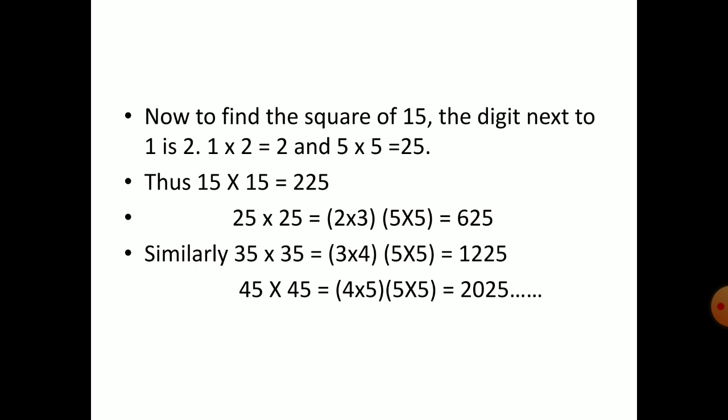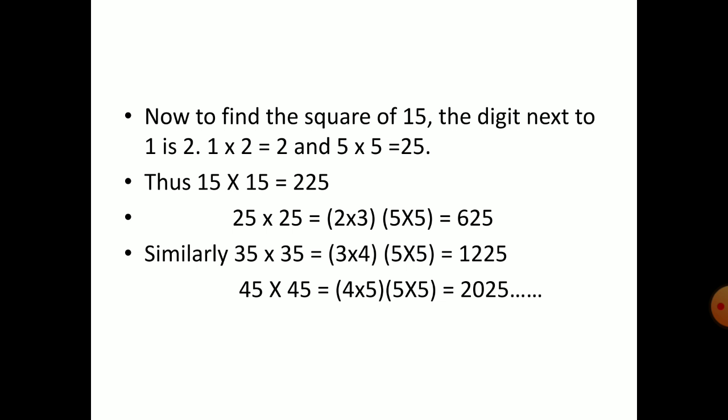Similarly, to find the value of 35 square, 35 into 35, 3 4s are 12 and 5 5s are 25. Together it becomes 1225. Square of 35 is 1225. Similarly, to find the value of 45 into 45, the digit next to 4 is 5. 4 5s are 20 and units place is 5 into 5, 25.